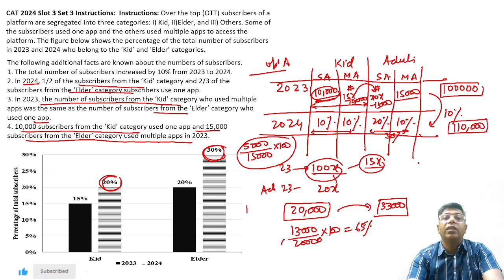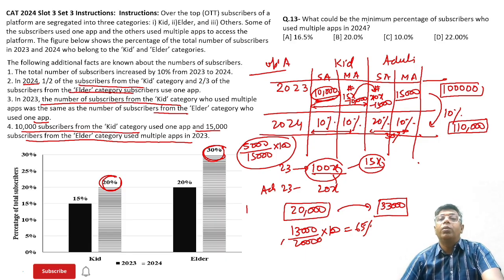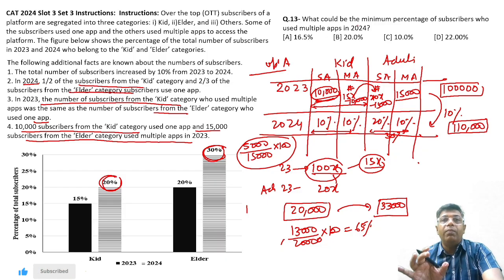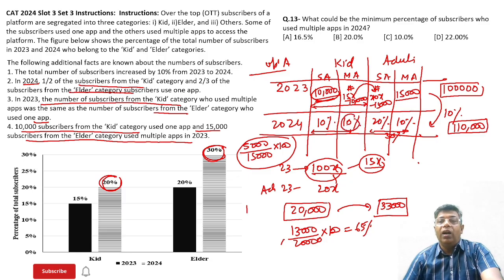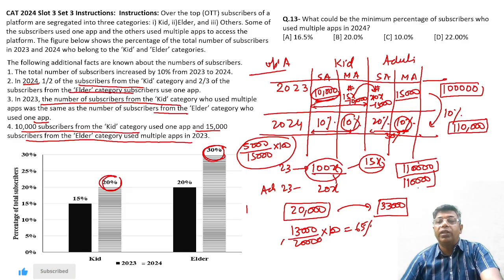And let's look at the last question of this set. What could be the minimum percentage of subscribers who use multiple apps in 2024? So we have to minimize the users that are using multiple apps. Now in 2024, we know that 10% of kids are definitely using multiple apps. That is 11,000. And in the adult category also 10%, again 11,000 people are using.